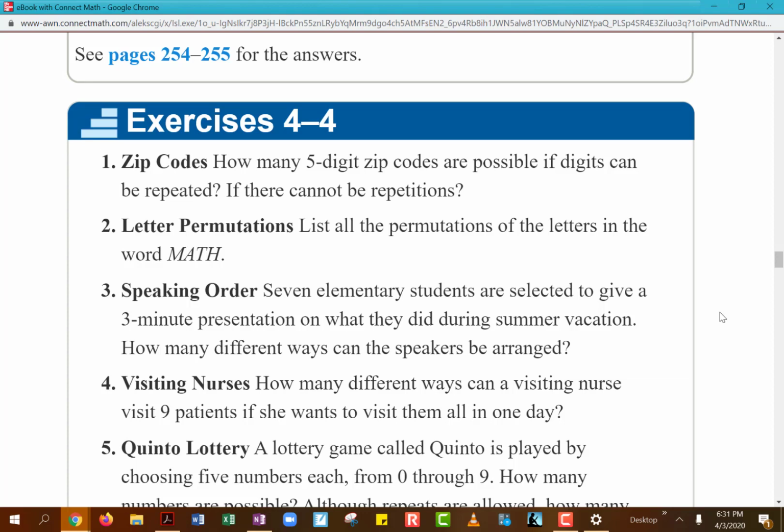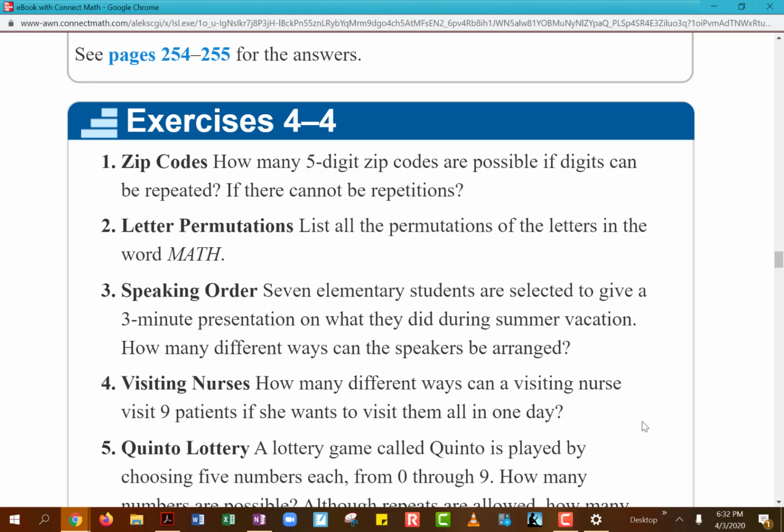And I've actually taken a shortcut and I've already put the answers in, because otherwise this takes a pretty long time to show you all the different answers. So the idea here is you can do math, then you can maybe just change the places of A and T, and you could have MTAH, which would be one of the permutations for the word math, right? So there's so many different ways that you can do these arrangements. So that's kind of what I wanted to show you here.